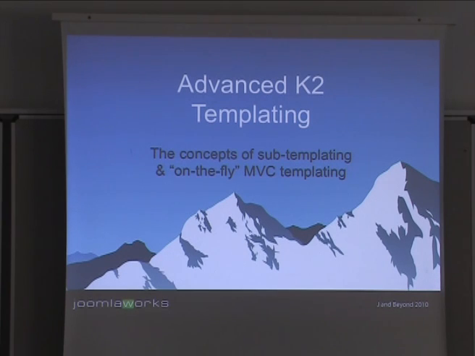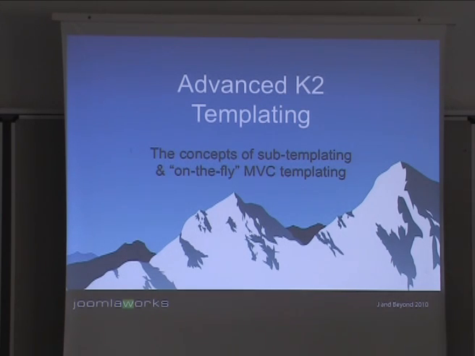The other concept, on-the-fly MVC templating as we call it, is basically a way to complement sub-templating. You're able to create new views for your K2 website. You can create new designs for your categories and have all these designs within folders, but inside your Joomla template.